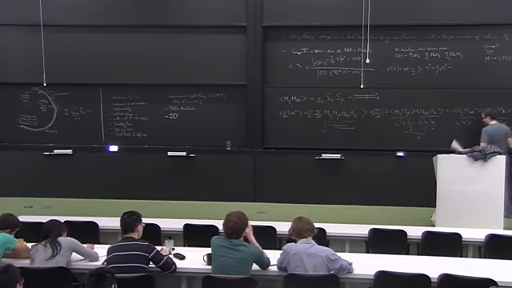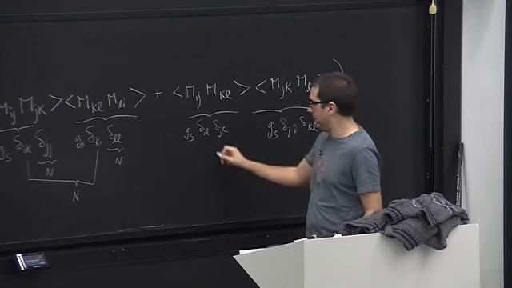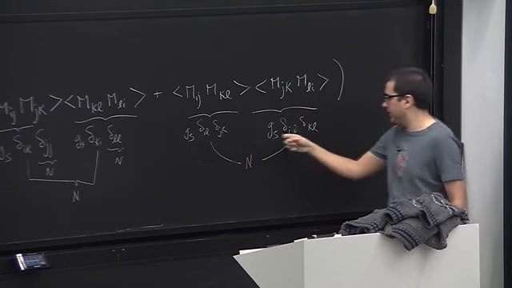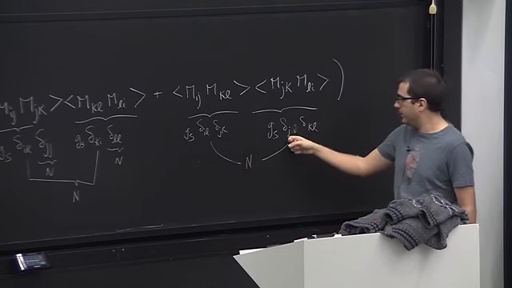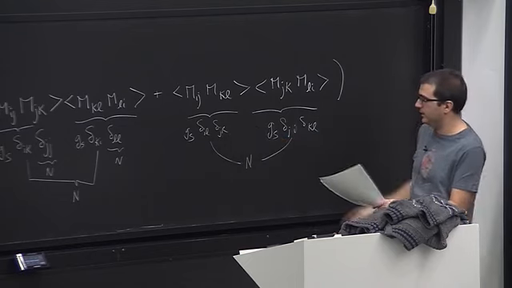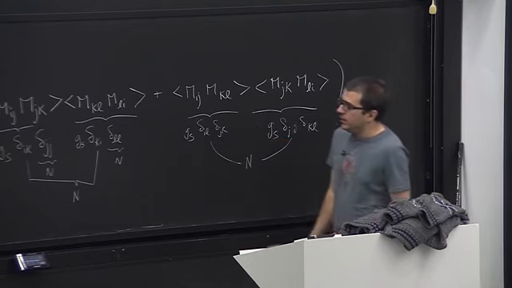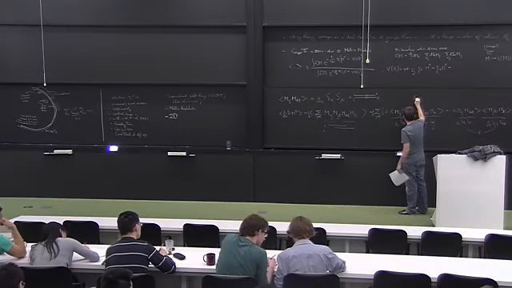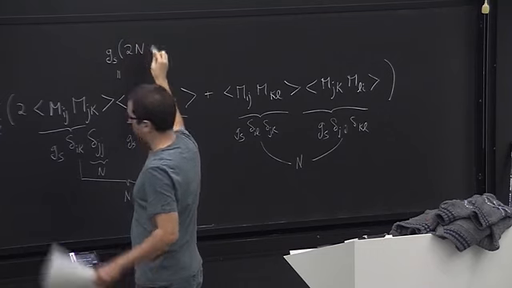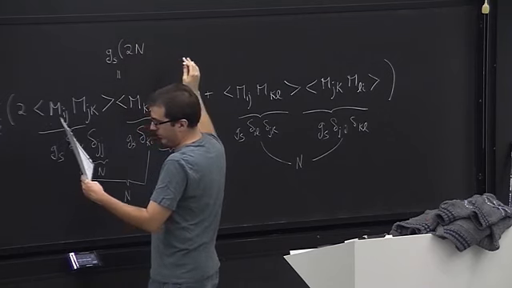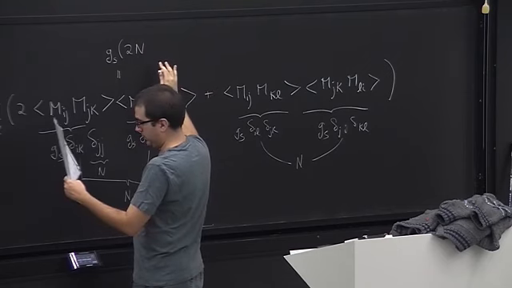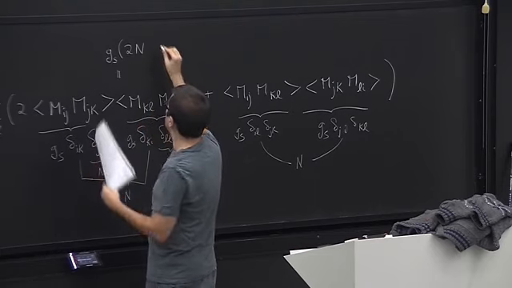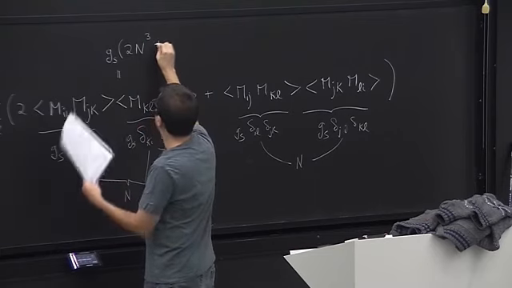Whereas these guys, when I multiply them all together, if I made no mistake, they give n. Indeed, because this guy becomes J L, then becomes L K, then it becomes L L, and then it just gives n. So at the end of the day, what we get is G string times 2 n cubed plus n.